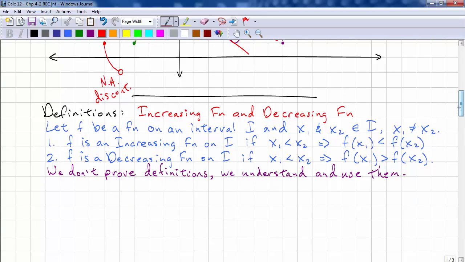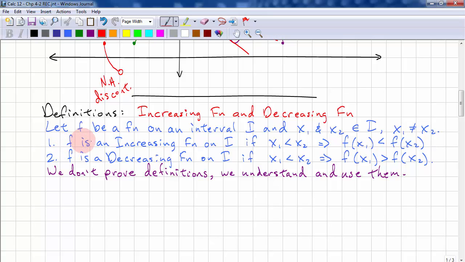Okay, so here are some definitions. Increasing and decreasing functions. Let f be a function on an interval I, and we have x1 and x2 belonging to I, and x1 does not equal x2.